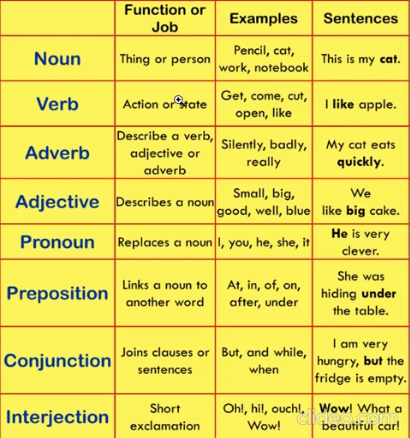So now the reason why I put up this picture here is because you need to know the structure of a sentence. An English sentence can be made up of any of these, right? A noun, a verb, an adverb, an adjective, pronoun, preposition, conjunction, and interjection, right?